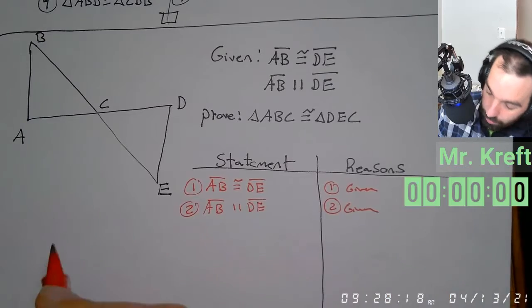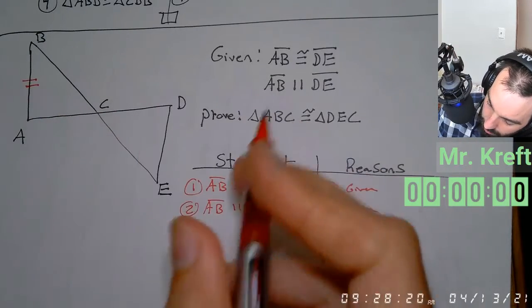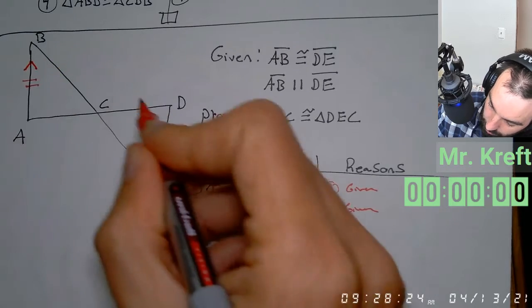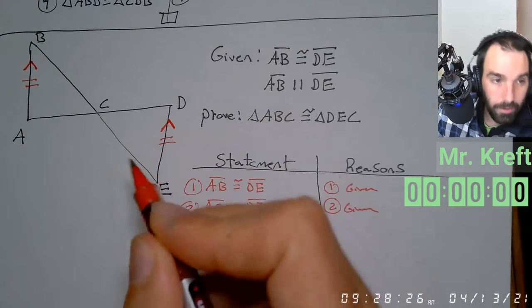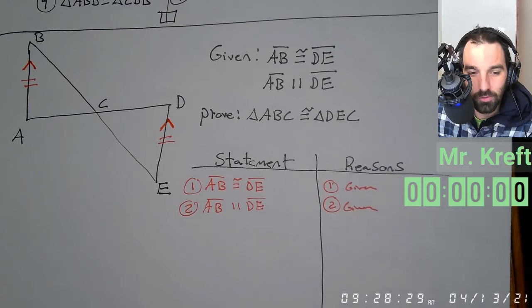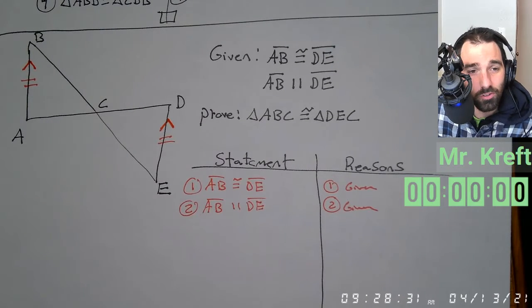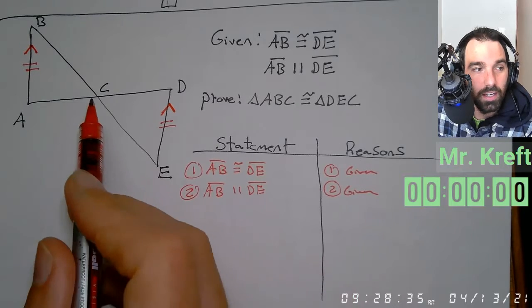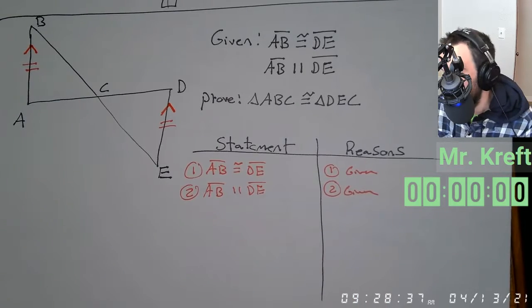Okay, and then I'm going to update my picture. So it says AB is congruent to DE, and then that they're parallel. So I'm going to put this little arrow, and they don't look parallel, do they? So just remember, it's not about the picture. The picture is just there to help you out. Okay, so we have our 2 givens, and we have the congruency and the arrows.